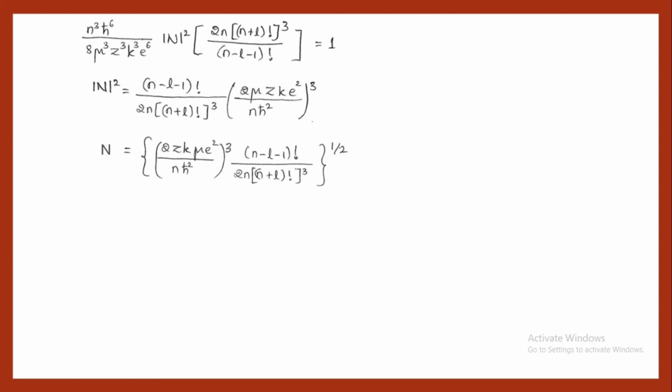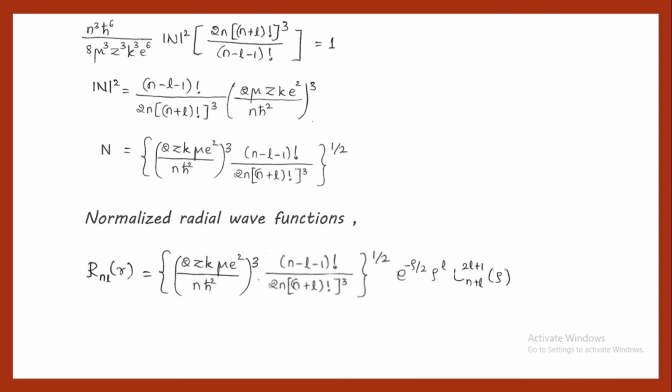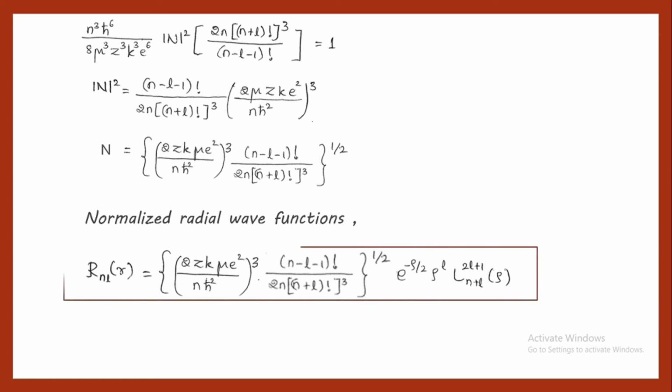Now the final step is to substitute the normalization constant in the radial wave function, that is R n l of r is equal to N into exponential of minus rho by 2 rho raised to l into L of rho. In place of N, we have substituted this normalization constant value so that we have the eigenfunction corresponding to the hydrogen-like atom.